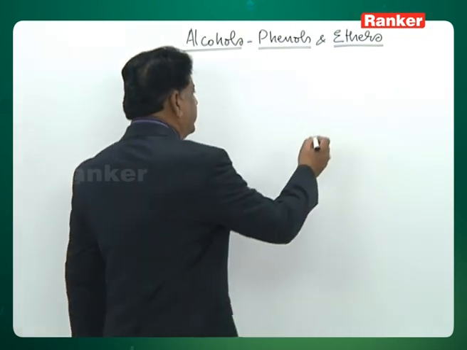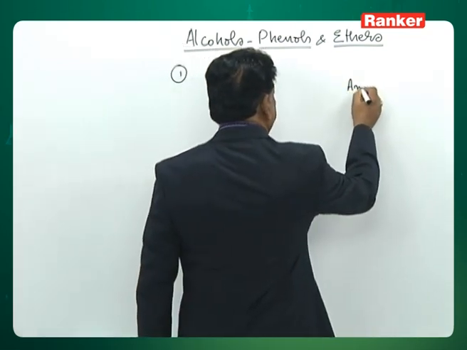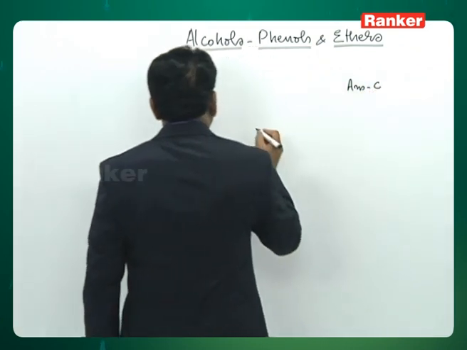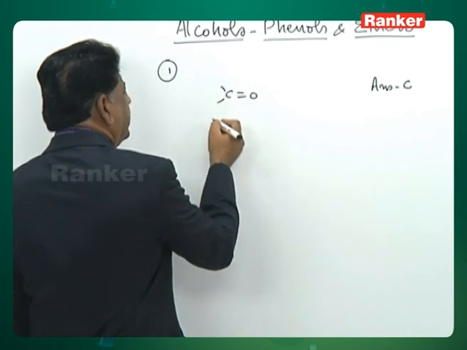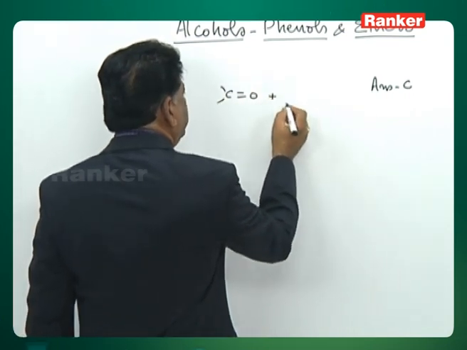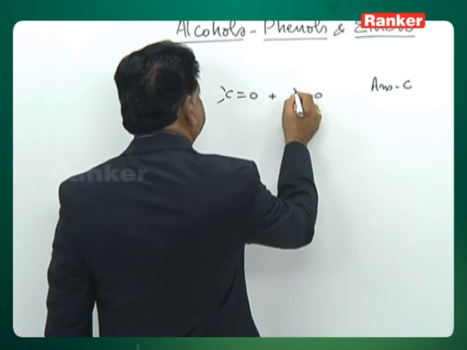Answer goes to the C. So this MPV reduction is any carbonyl compound, whether it is aldehyde or ketone, is reduced with an alcohol.